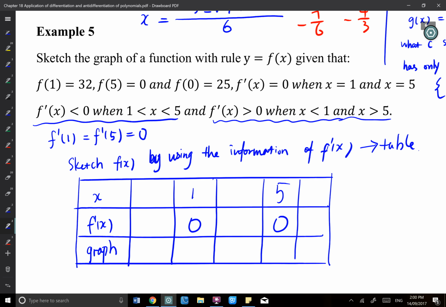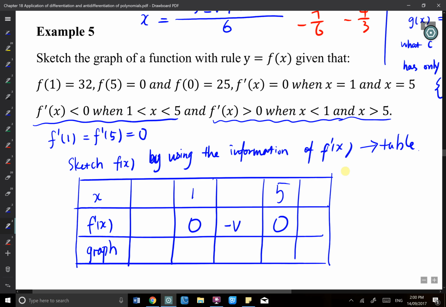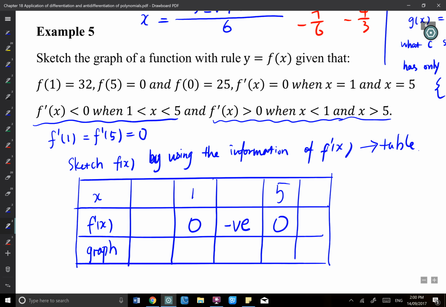The next thing I know is when x is in between 1 and 5, the gradient is negative. So I have a negative value here. I don't know what x gives what negative value, but I know that any value in between 1 and 5 will have negative gradient. And any value less than 1 or greater than 5 will have positive gradient.